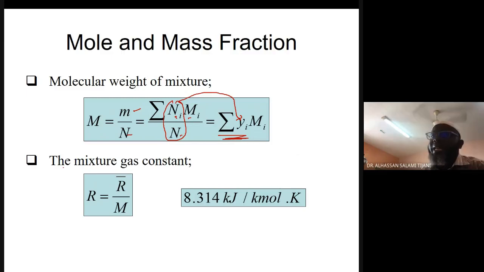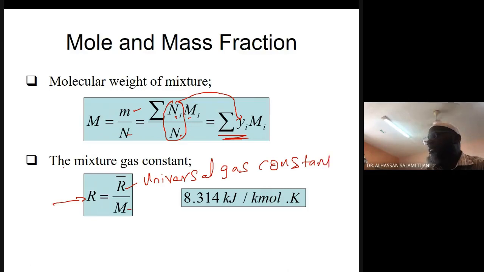This is coming from the ideal gas law. The ideal gas constant R can be defined as R bar divided by M, where R bar is normally referred to as the universal gas constant.